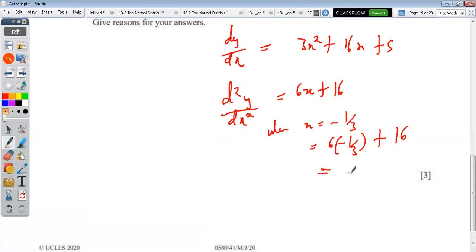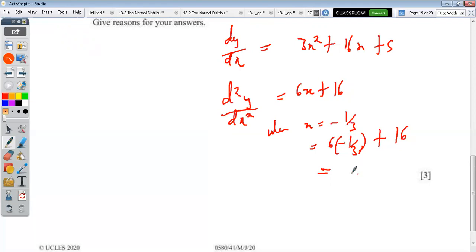How did that... Am I wrong? Let me try it again. Minus 32. No, this is 6 brackets minus 1 over 3. Oh, so do you always have to put brackets? Yes, you have to put the brackets. That's why you're getting funny answers.